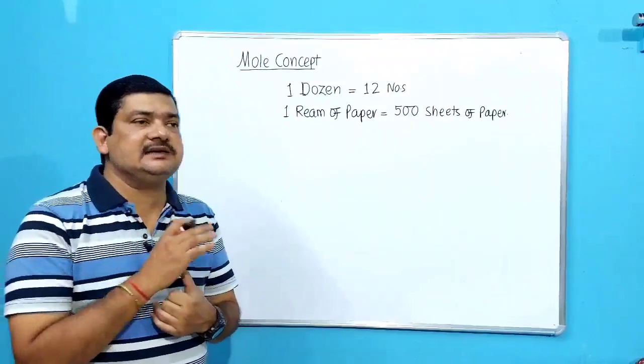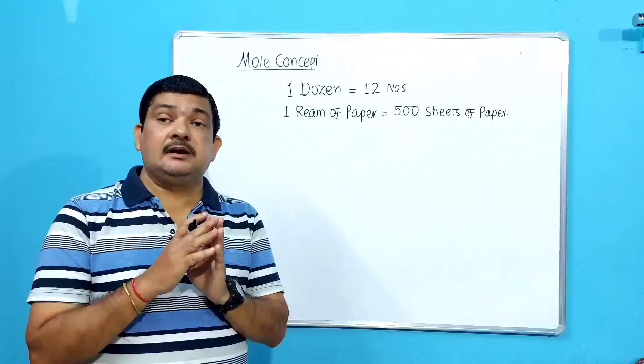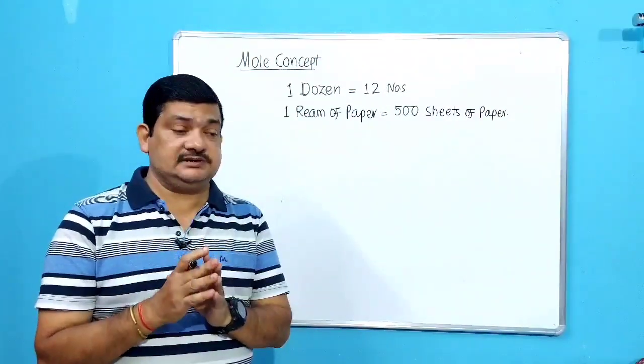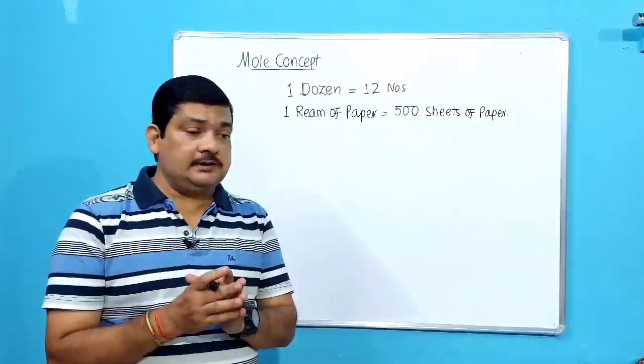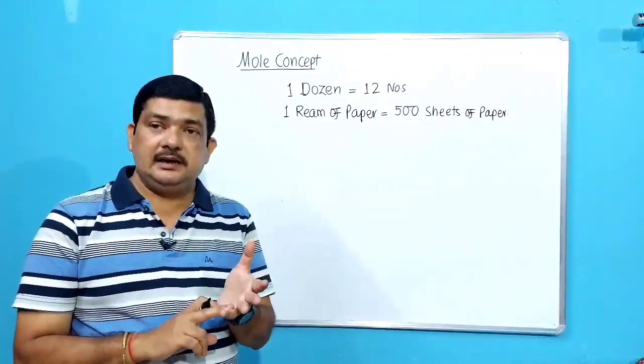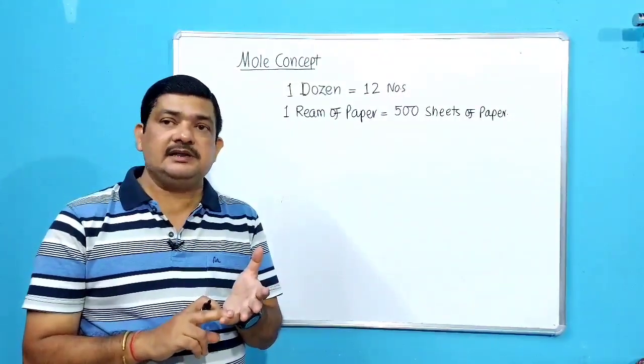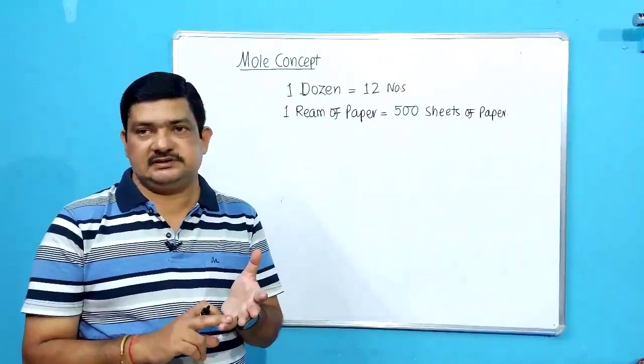Similarly, mole is the international unit or standard unit to express the number of any substances. And whenever we take anything in larger number, it will have a mass, it will occupy some volume, and we can calculate the number of these substances.